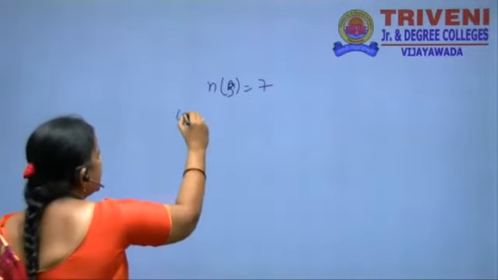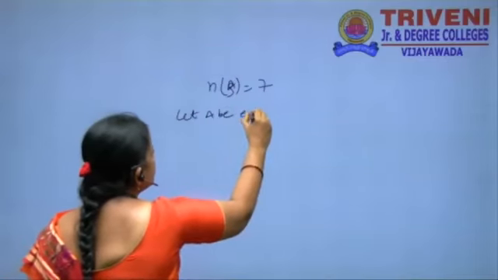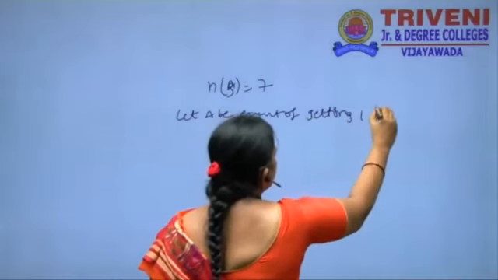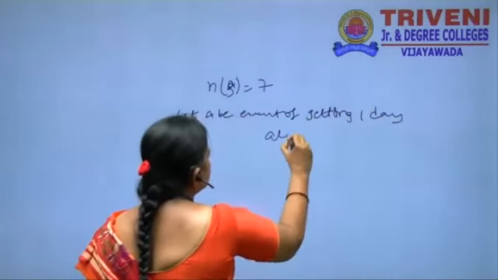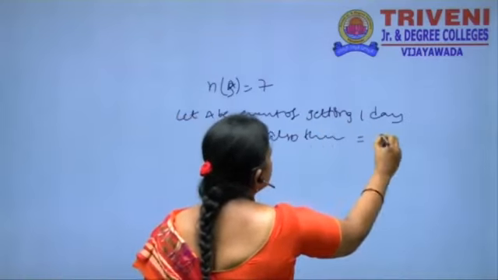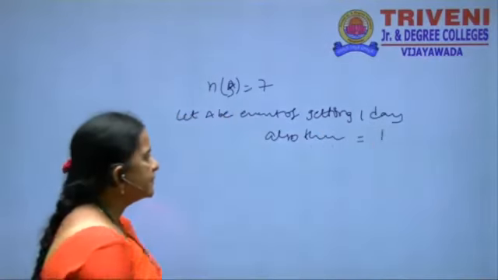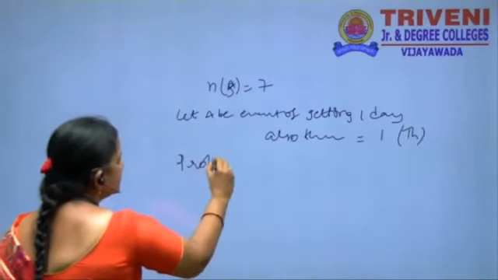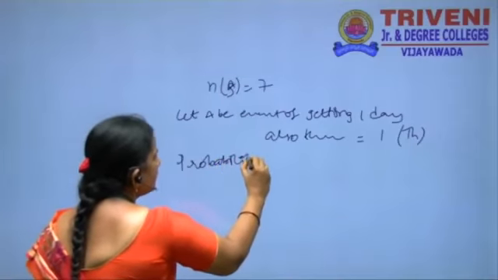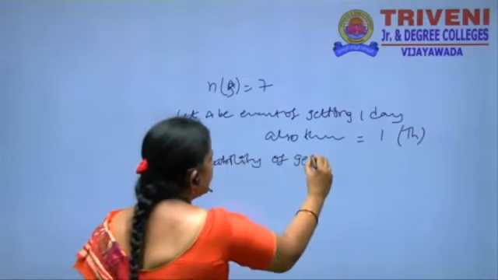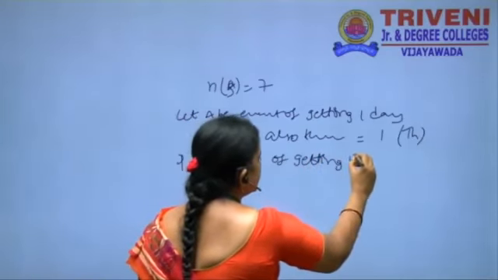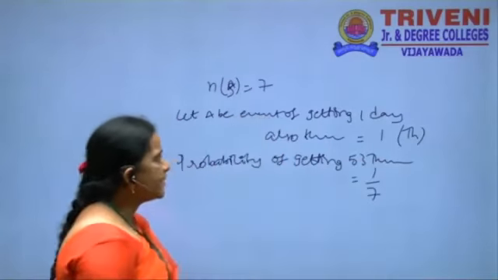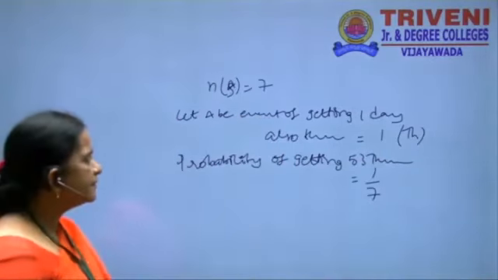Let A be the event of getting the one day also Thursday. That is only one chance, only Thursday. Therefore, the probability of getting 53 Thursdays is n of A by n of S, that is equal to 1 by 7.